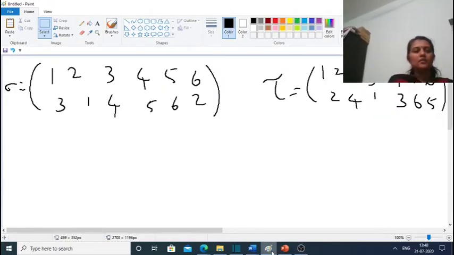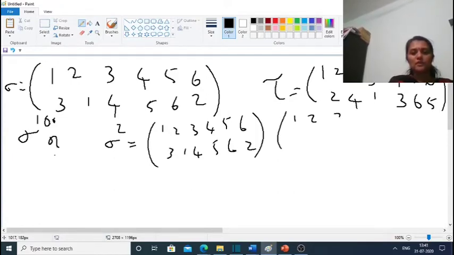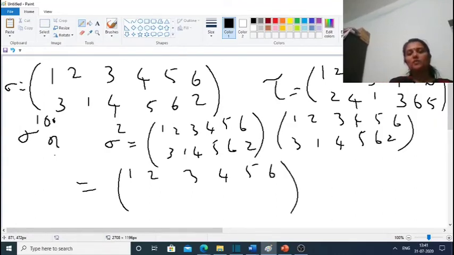Next we have to find sigma raised to 100. For that, we first find sigma square, which is equal to (1 2 3 4 5 6 / 3 1 4 5 6 2) into (1 2 3 4 5 6 / 3 1 4 5 6 2). Somewhere we have to find the powers of sigma until it becomes the identity permutation.